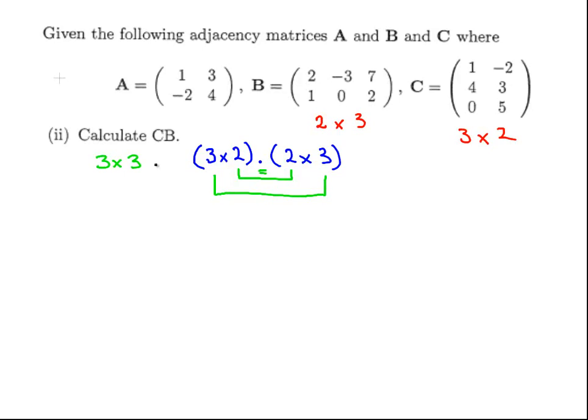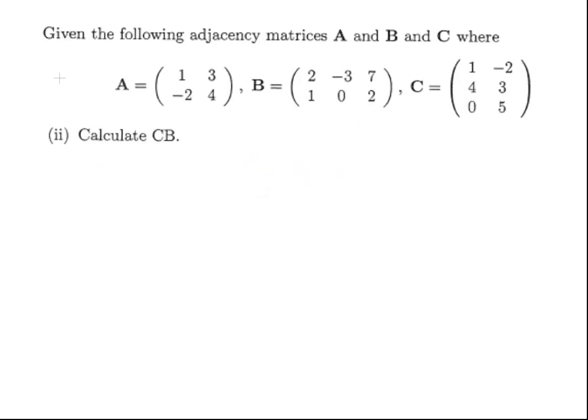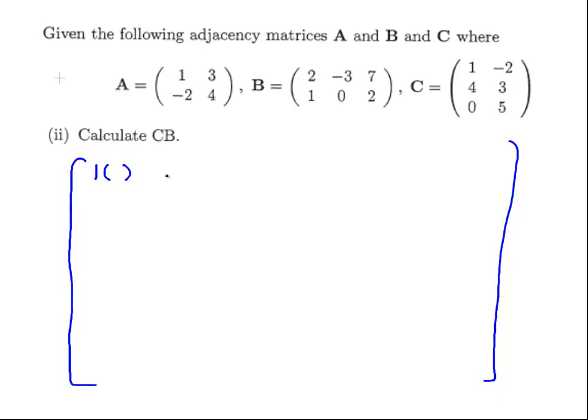In the first instance, I'm going to go to a new page and start setting out the calculation in a very large table. I'm going to have 1, a blank space for multiplication, minus 2, then 1, a blank space, minus 2.